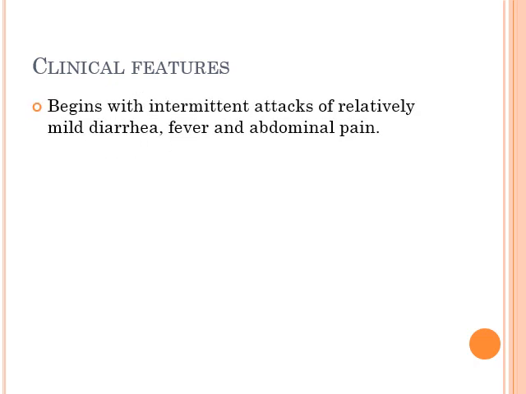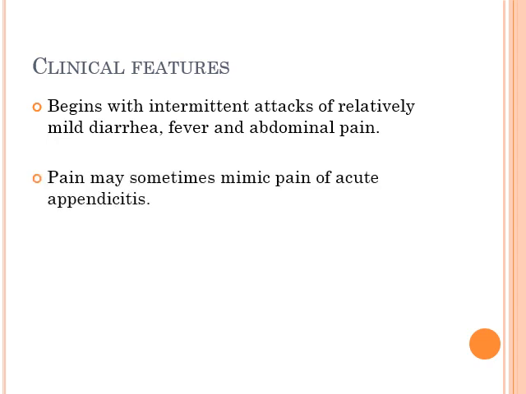Now, how will the patient of Crohn's disease present to you? When you become a clinician, sitting at your OPD, how will the patient come and present to you? Usually Crohn's disease begins with intermittent attacks of relatively mild diarrhea, fever, and abdominal pain.